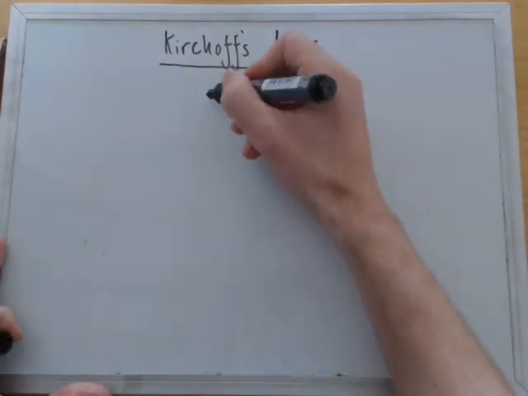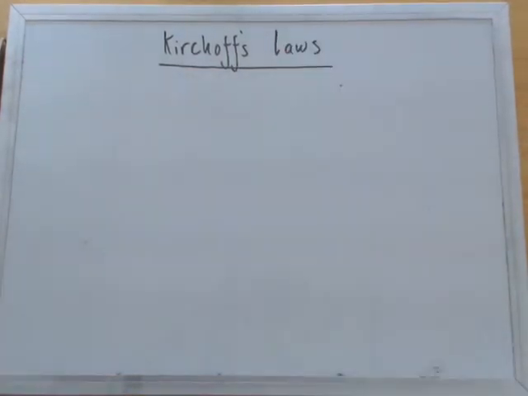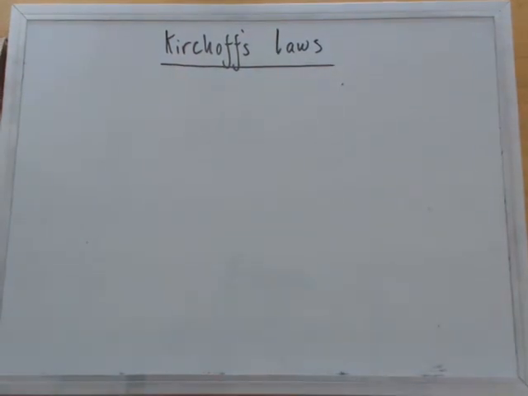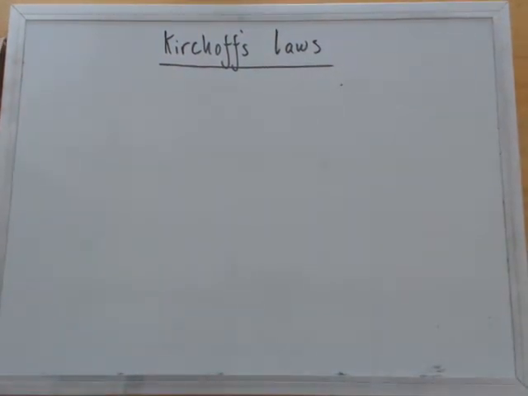So let's start with a statement, or one version of Kirchhoff's second law. I'll give you the most simple one. It's simply equal to the total EMF around a series circuit equals the sum of the PDs across each component.